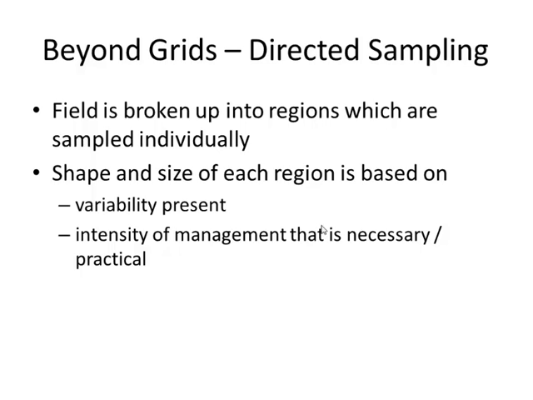The second idea is to do a directed sampling. The idea is that we know how our field is divided into different homogeneous zones, and then we take samples from certain areas, and this will help us.